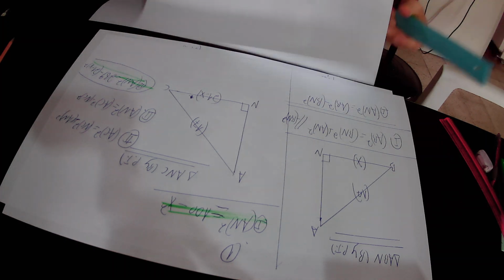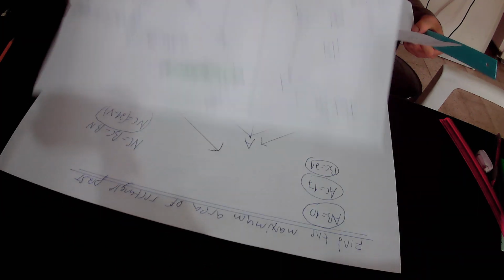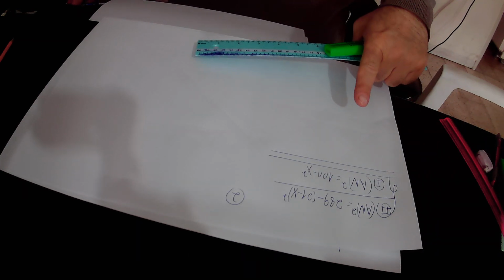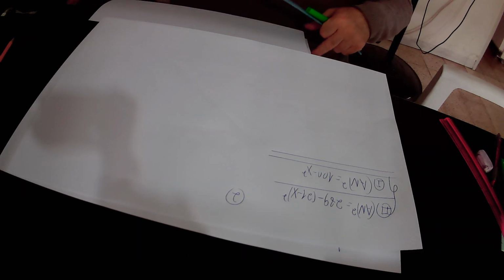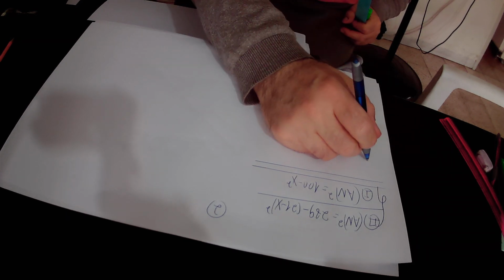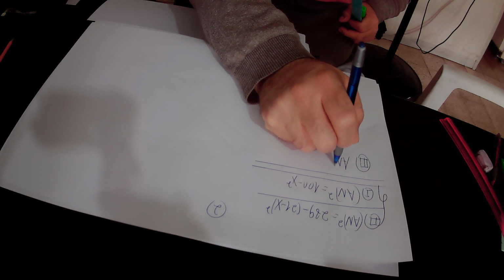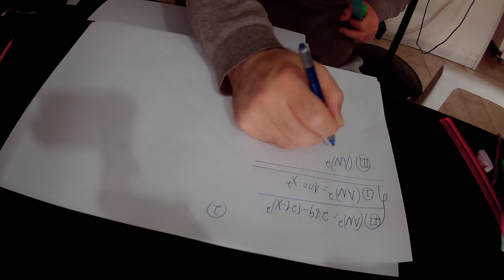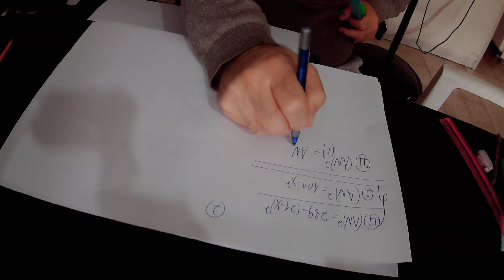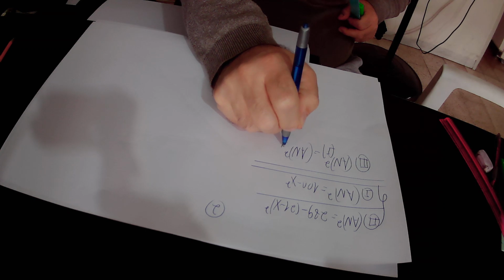So here we have two different equations for AN squared. Therefore, we get equation 3, which states that AN squared according to equation 1 must be equal to AN squared according to equation 2.